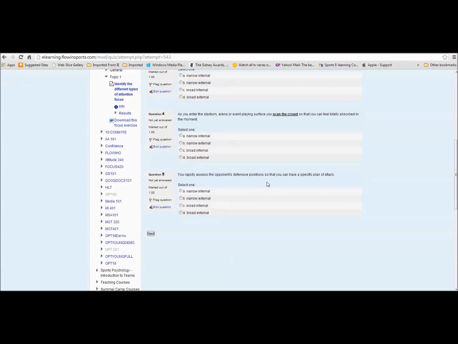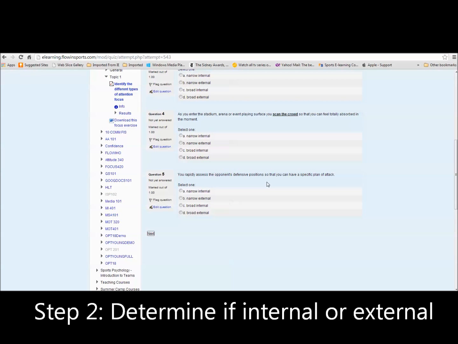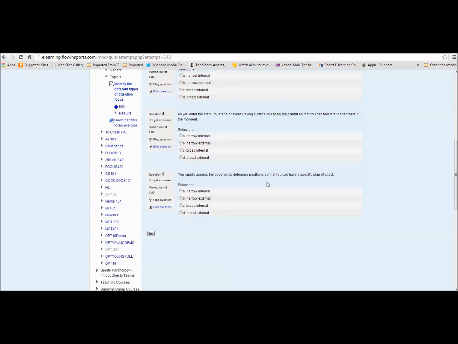Well, the only thing you're really thinking about is the defensive position. And finally, internal or external. Are you thinking about it or are you seeing it? Well, in this case, you're seeing it, and you put your answer here.